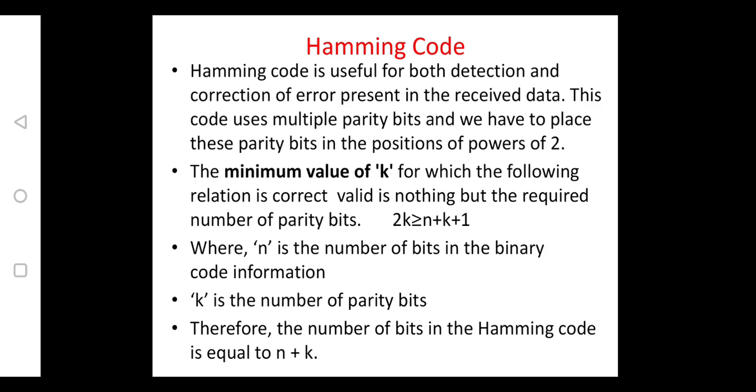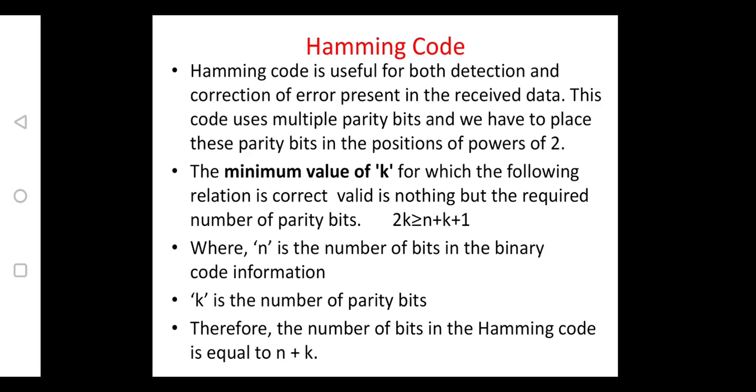We need to find out how many parity bits are required. Here, if the n value is 4, we perform this by using a random trial process. First, substitute k value as 0. If k is 0, 2 power 0 is 1. 1 is greater than or equal to 4 plus 0 plus 1, which is 5.